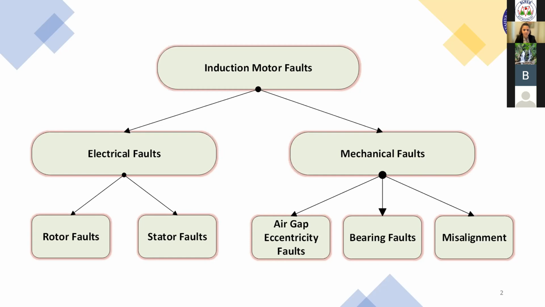The faults of induction motors are not independent from each other. Some types of faults, such as rotor faults, may lead to a secondary fault in the motor. For instance, vibrations on the shaft due to broken rotor bars or eccentricity in the air gap may lead to bearing faults.